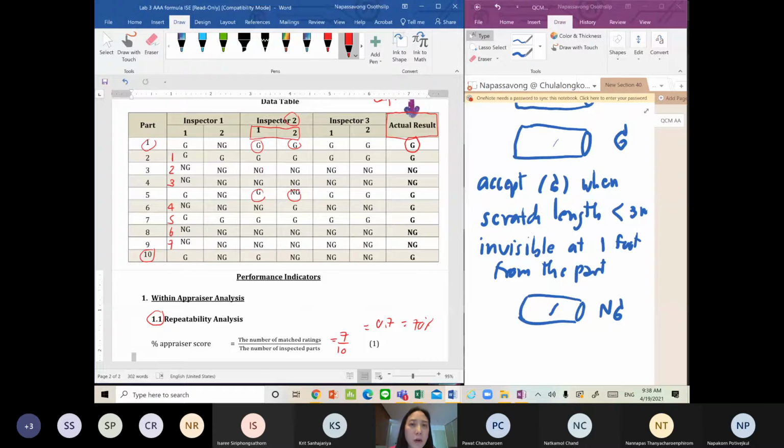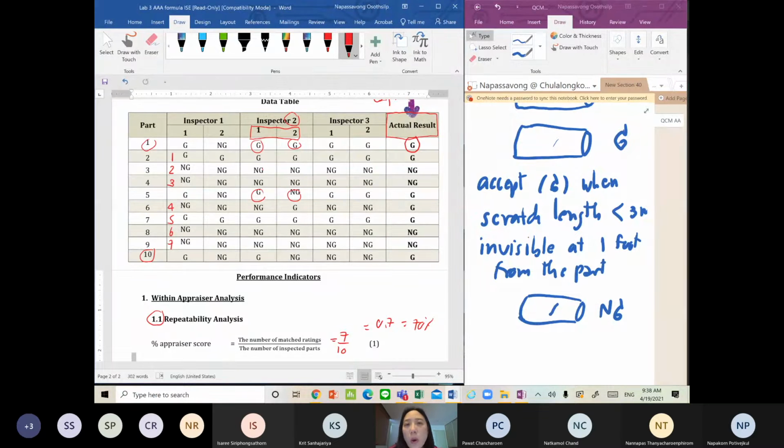So we want to find out the percentage of the times that they give the same or consistent results. If this number approaches 100%, that is very good. But if this number is low, for example less than 80%, we will say that this inspector is having a problem with repeatability, or does not give consistent results.